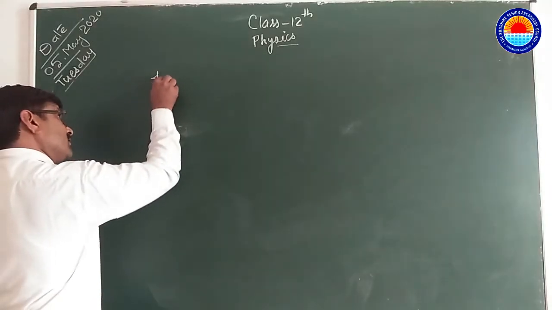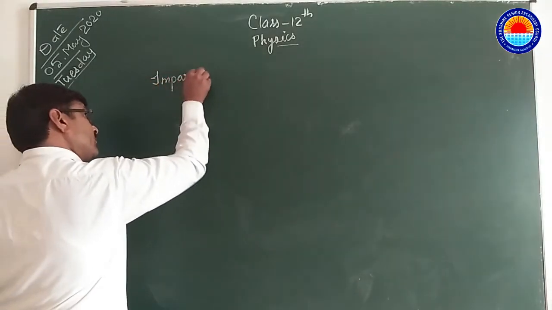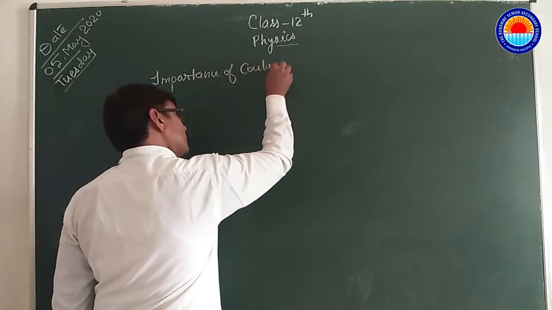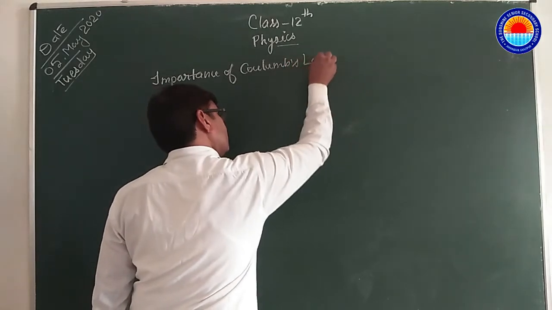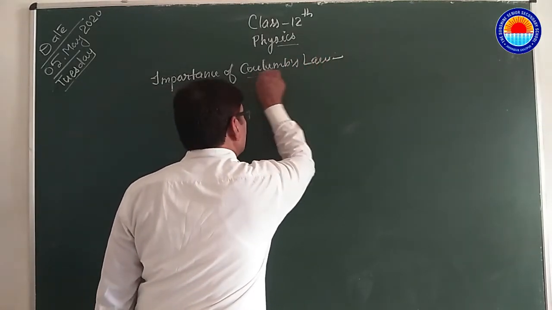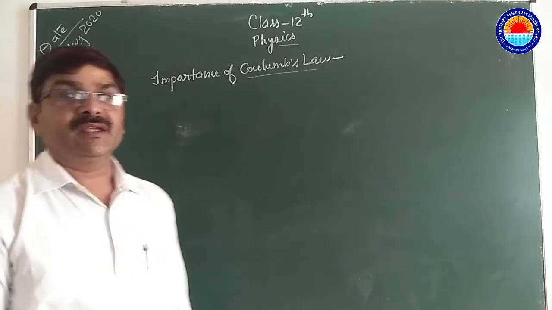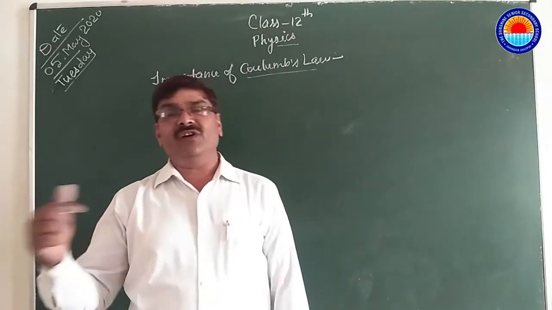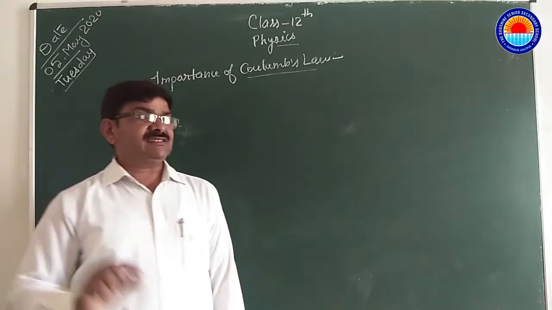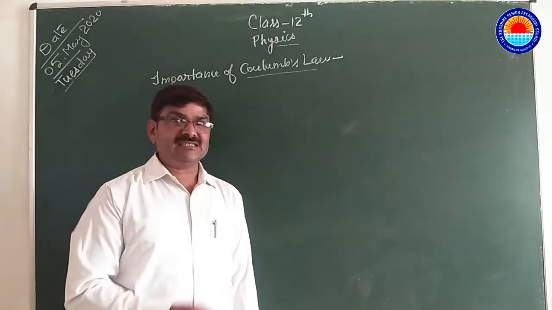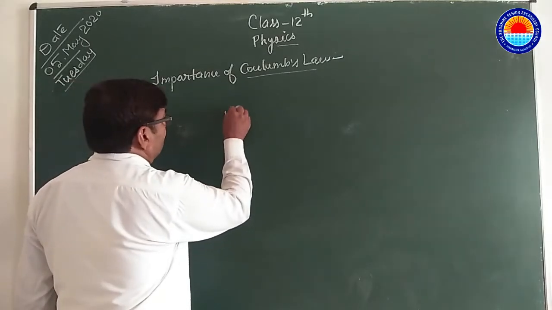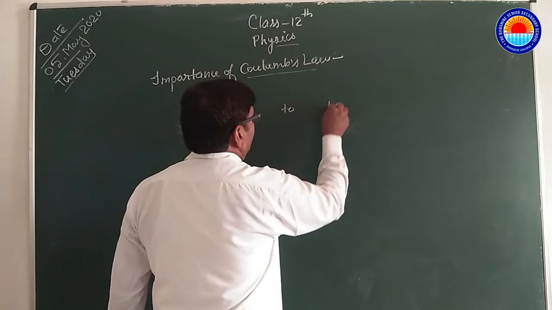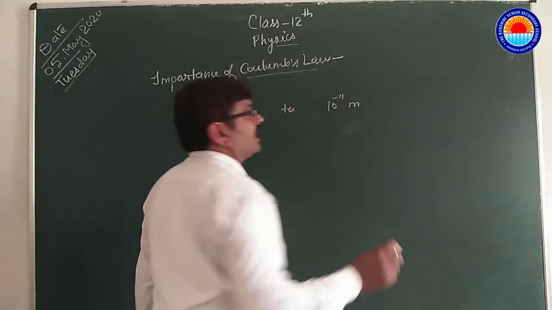Importance of Coulomb's law. Coulomb's law is applicable for short distances. That means it is applicable from 10 to the power minus 15 meter to 10 to the power minus 11 meter or more.